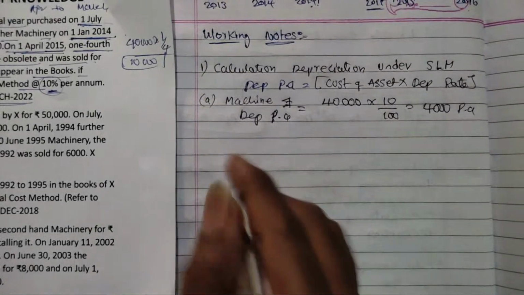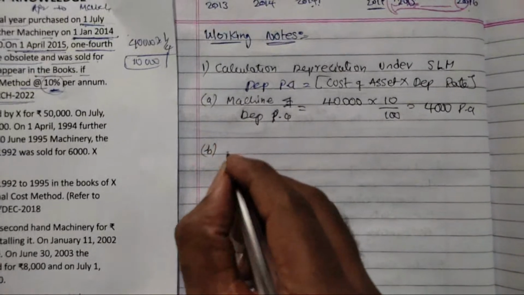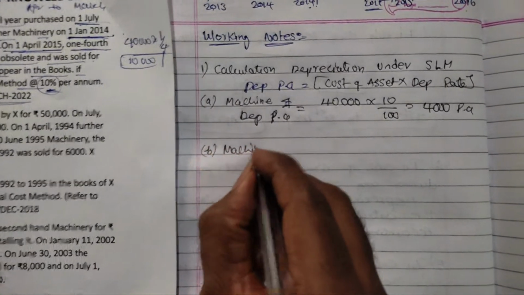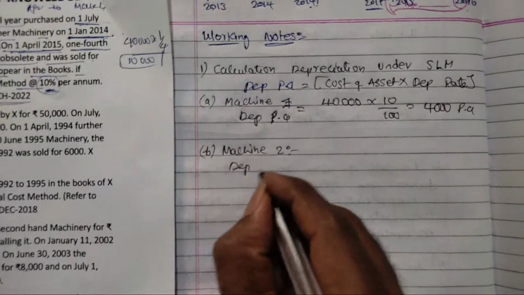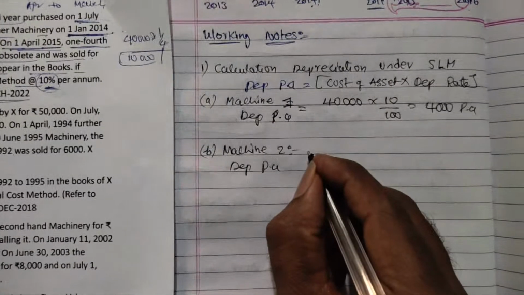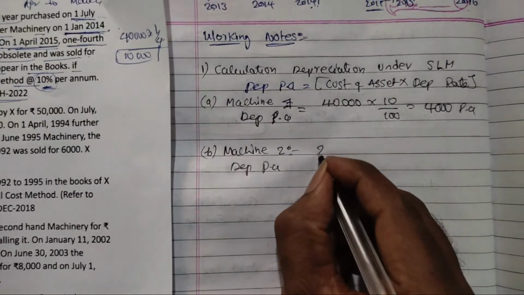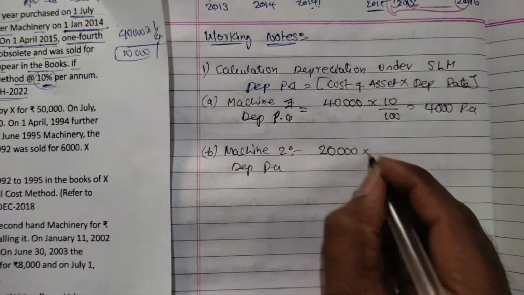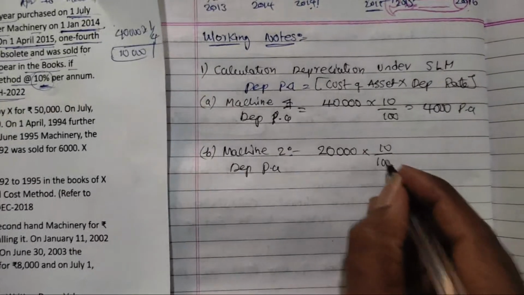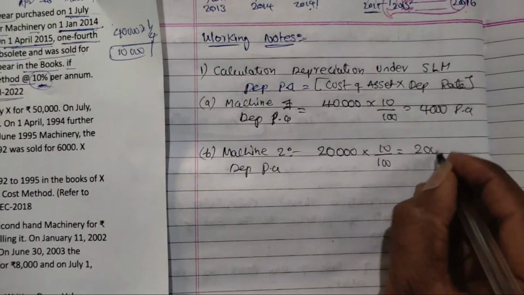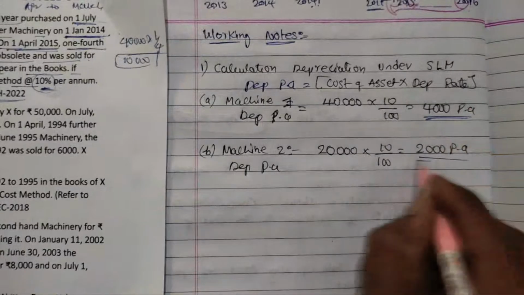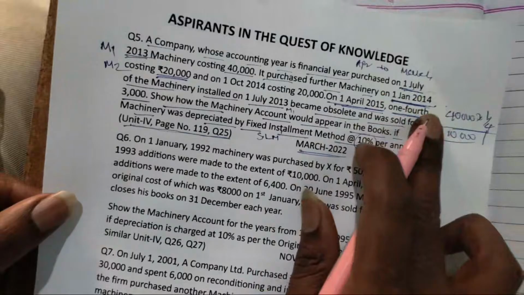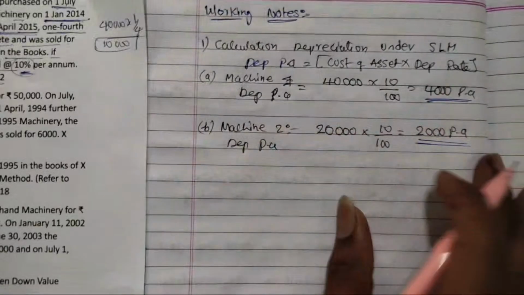Next, machine 2 depreciation per annum. The cost is 20,000 into 10 by 100, it will be 2,000 rupees per annum. Later, while doing the account, you can calculate for how many months it was used.